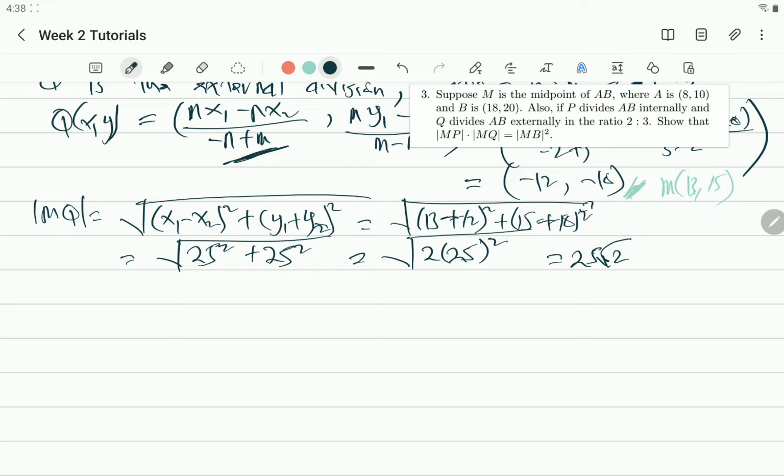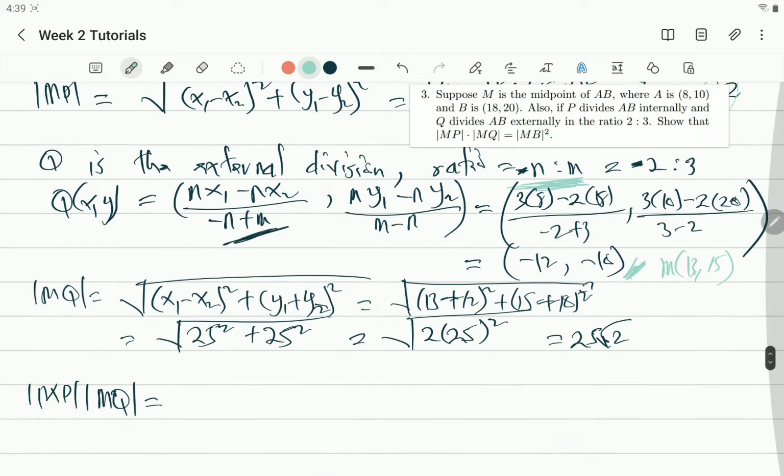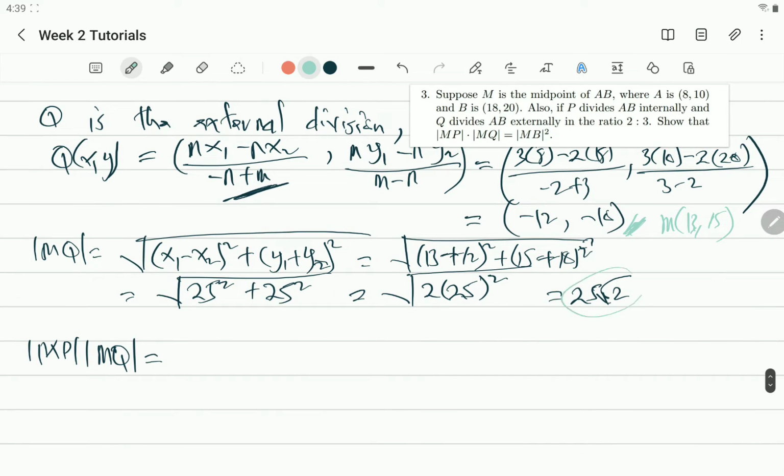From here, I will go ahead and multiply the two quantities we just calculated. According to our question, we should find the product of MP and MQ. We had MP to be root 2, and MQ to be 25 root 2.